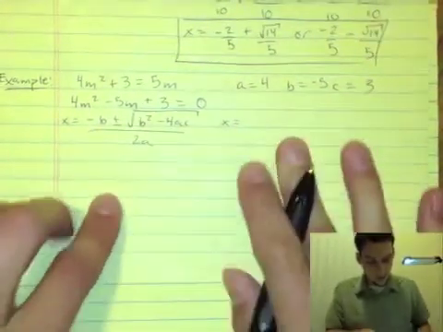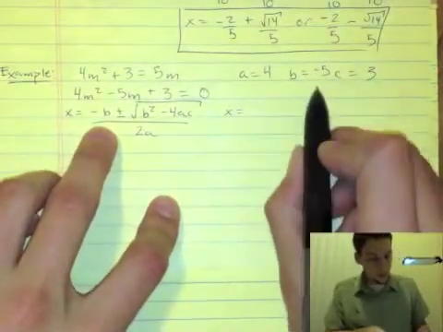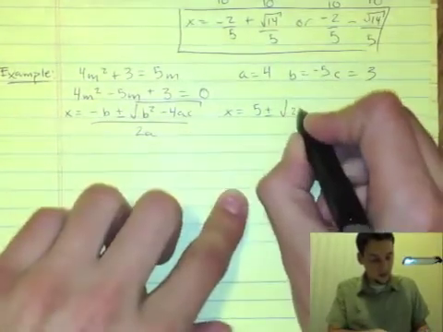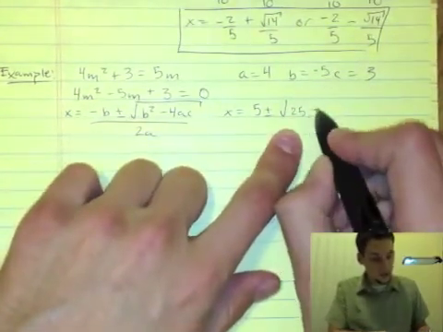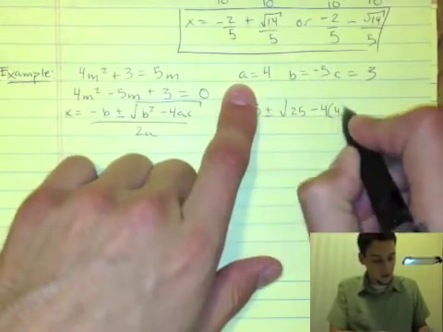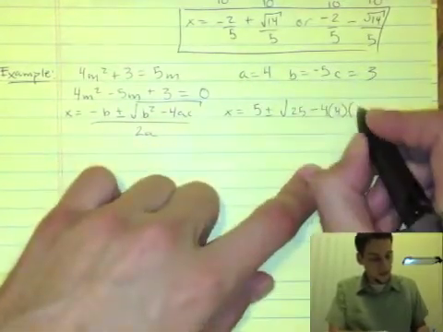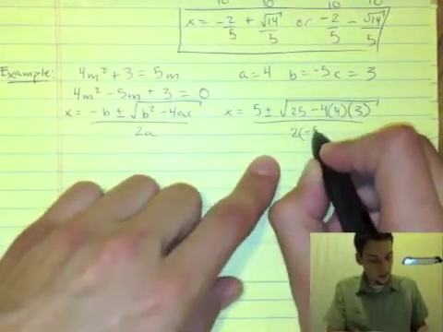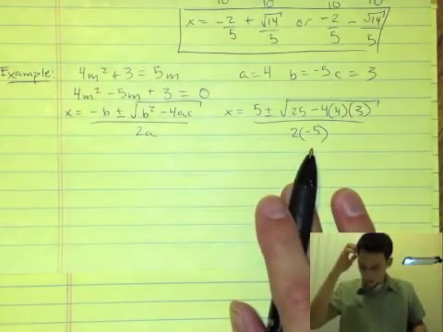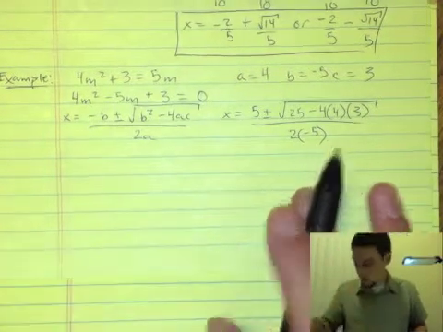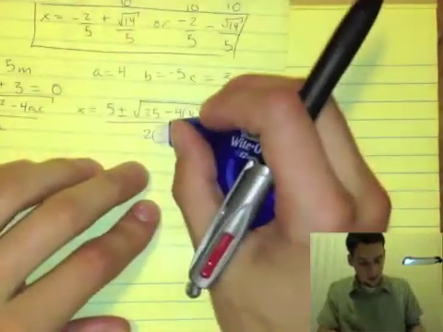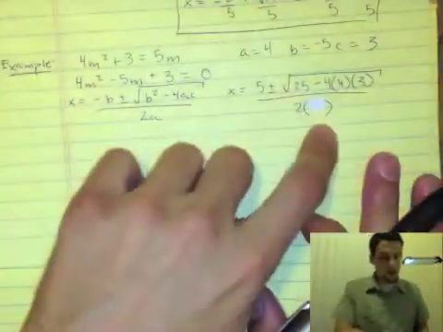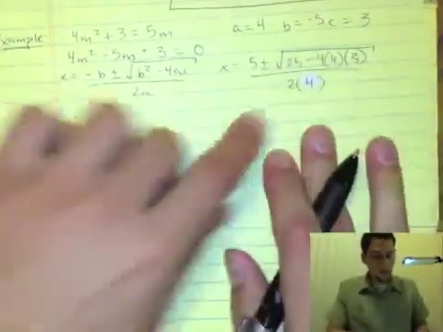X equals opposite of b, opposite of negative 5 is 5, plus or minus square root of 25, that's b squared, minus 4 times a, 4 times 4, times c, which is 3, all over 2 times, oh no, that's b. I want it times a. So 2 times 4, 2 times a.